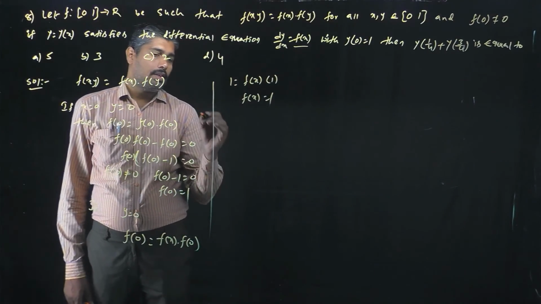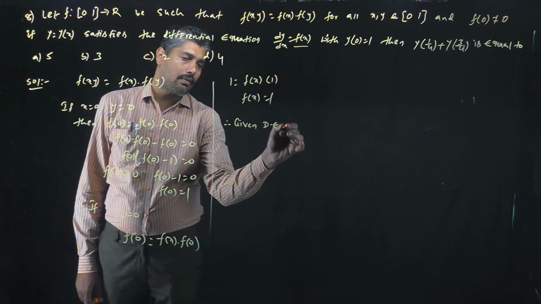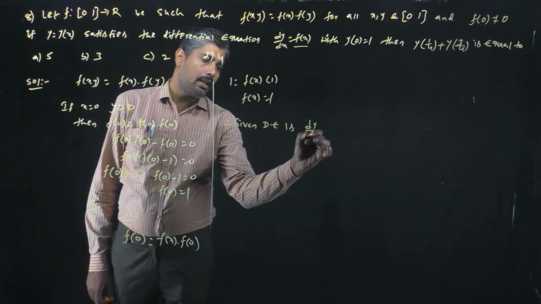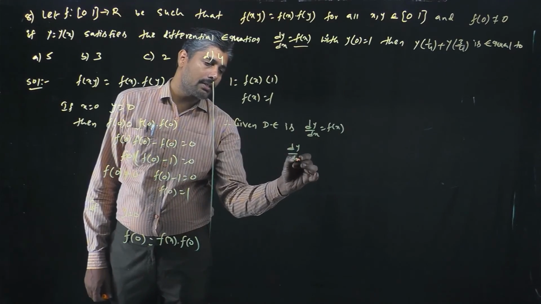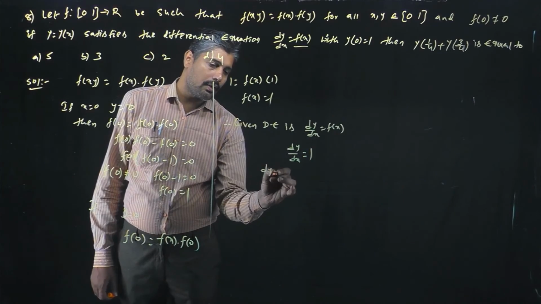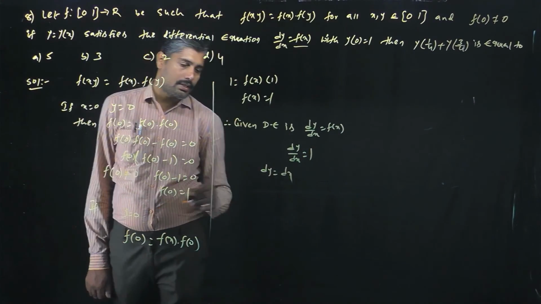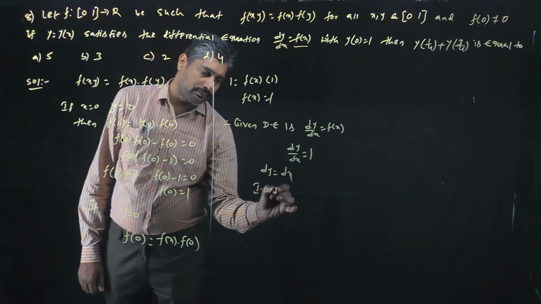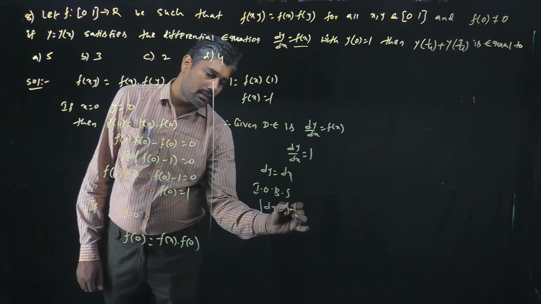Therefore, the given differential equation is dy/dx = f(x). That is, dy/dx = 1. Then dy = dx. Integrating on both sides, integral dy = integral dx.